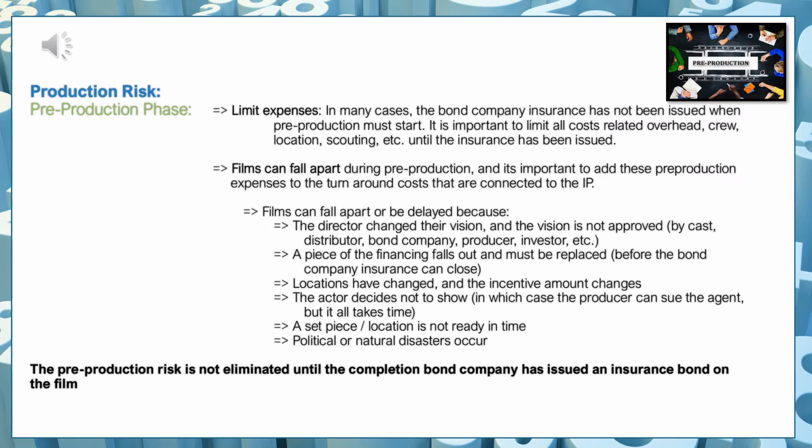Another risk during the production is the pre-production phase. Here we should really think about limiting our expenses during pre-production, because this is a time where we are putting all the finance sources together, we are preparing the completion bond insurance issuance, and we're dealing with pre-production of the project in order to get it ready for shooting. So we should really be careful in how much money we're actually spending during that period.